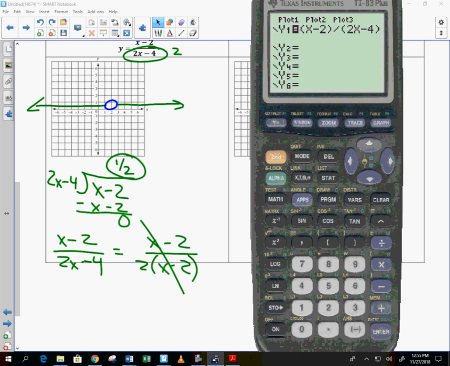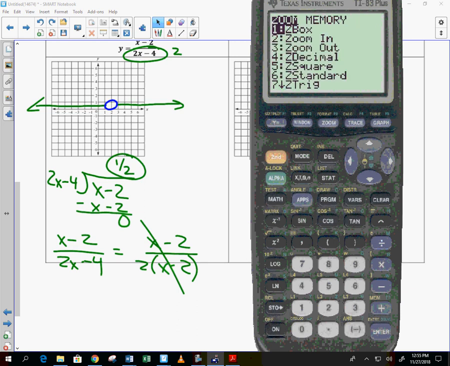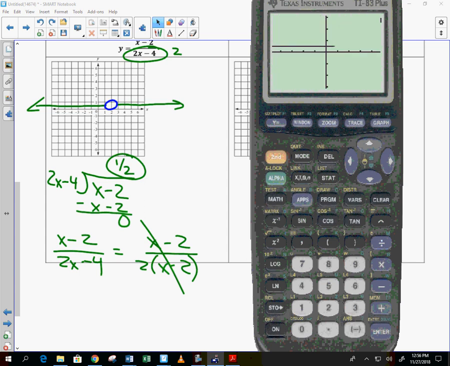And so if I go to my graph and I type in x minus 2 divided by 2x minus 4, notice that when I press zoom decimal so that every single tick mark is 1/10 of a unit, watch what happens with my graph. There it is.